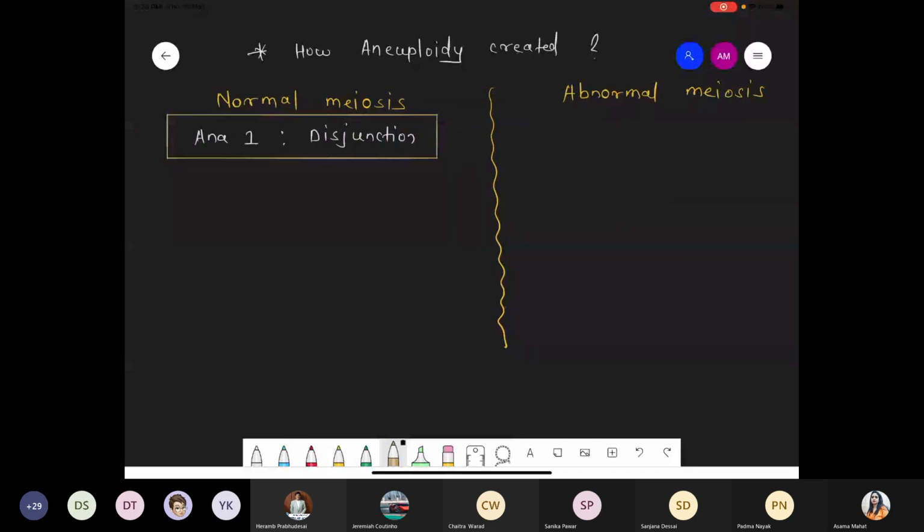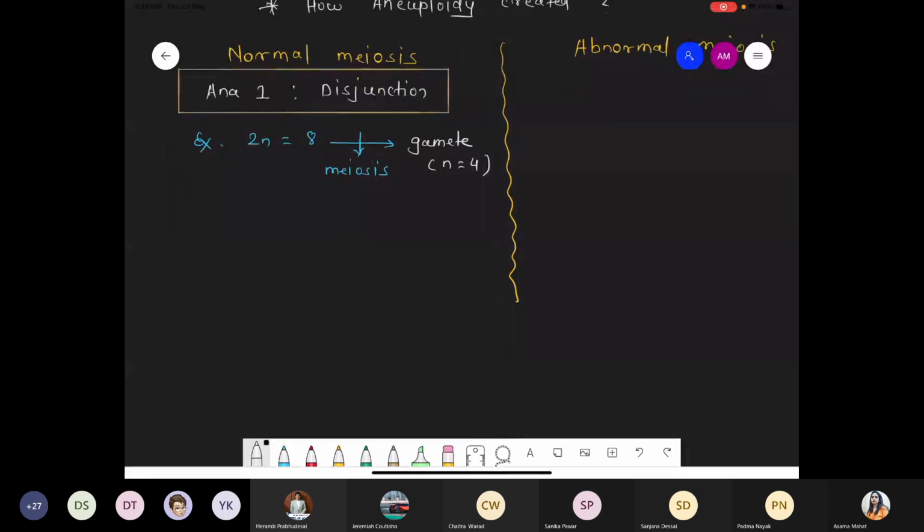Suppose we take one example. In the diploid condition, a total of 8 chromosomes are there. The process that occurs is meiosis, which is a reductional division. After meiosis, whatever gamete is produced, either egg or sperm, has a total of 4 chromosomes in the haploid condition.